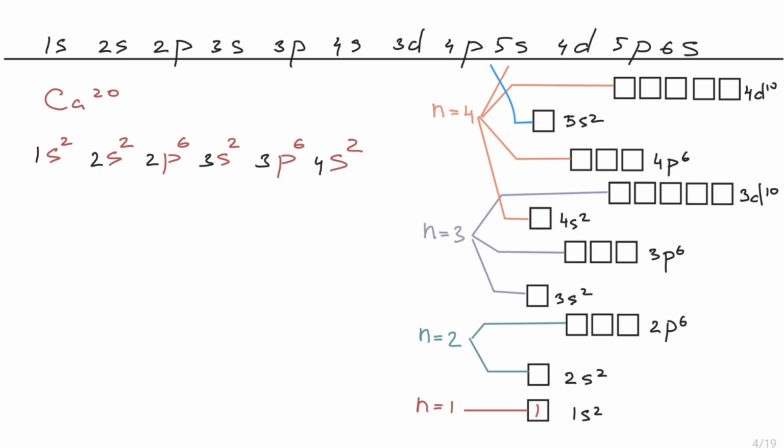And just to visualize, we will fill our boxes, 1 through 20. Okay, so on the last, fourth shell, we will have 2 electrons. That's why calcium usually provides oxidation state +2.